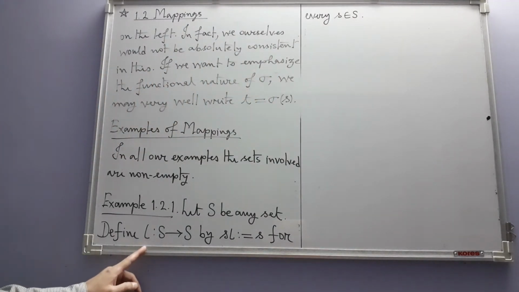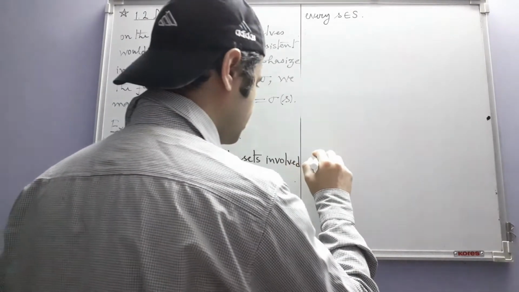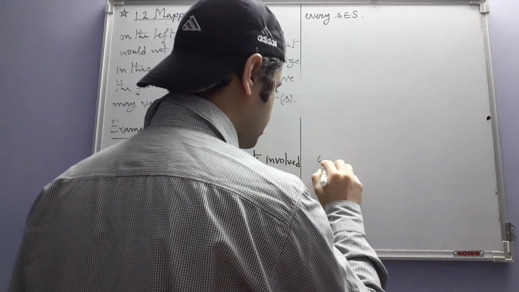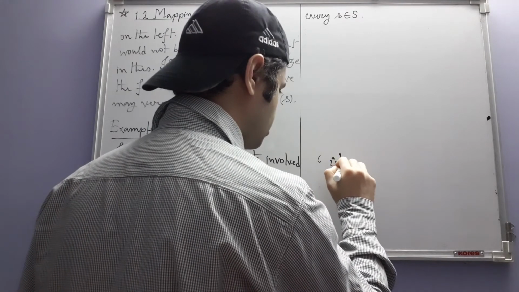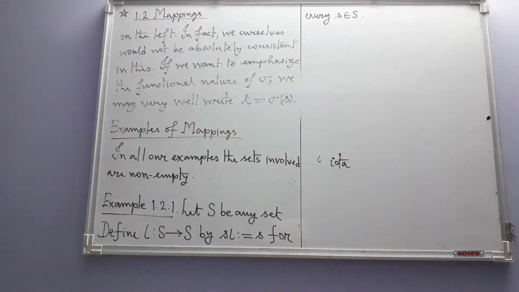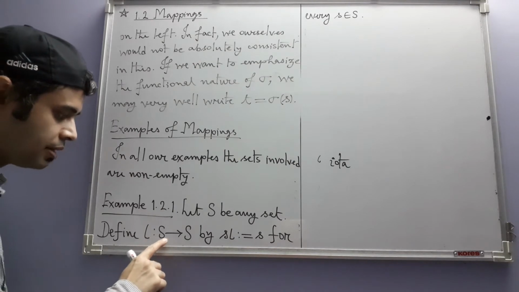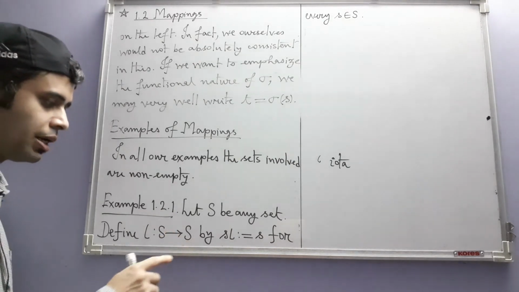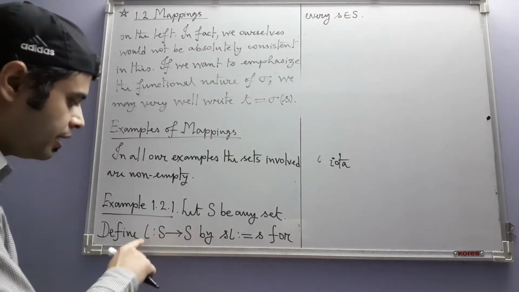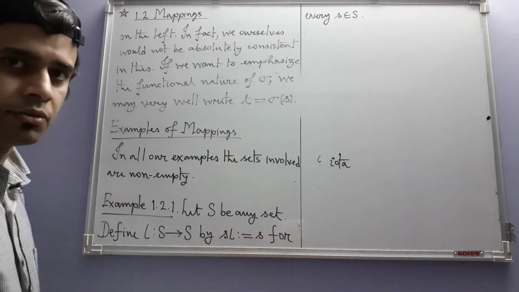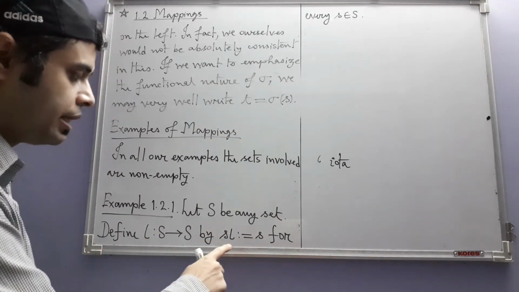So this symbol is known as the Greek letter iota. I should have written like this. So iota is a mapping from S into itself, where it maps every element of S to itself. That means it does not change the input.